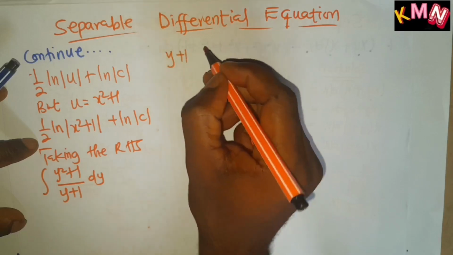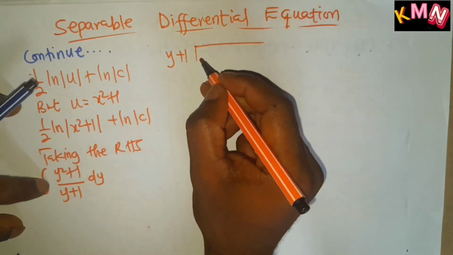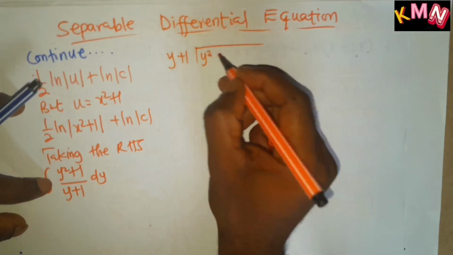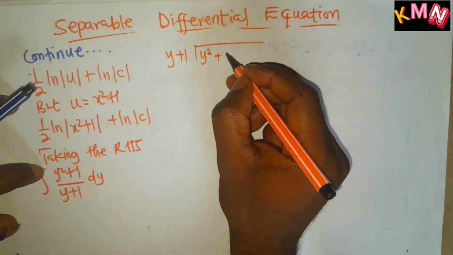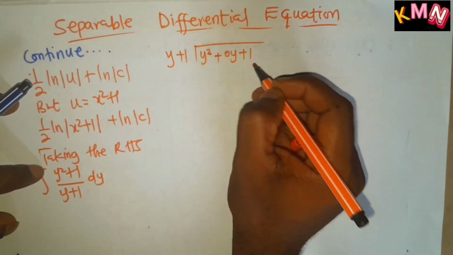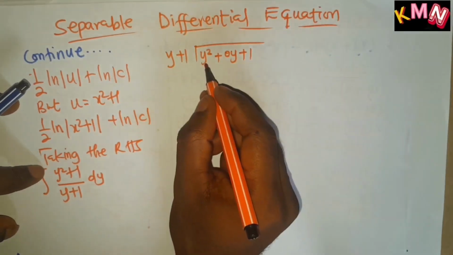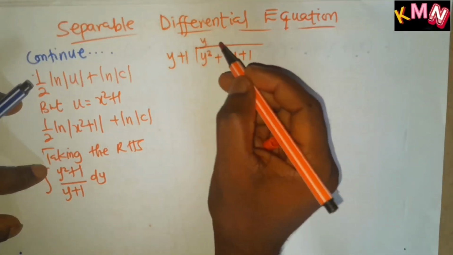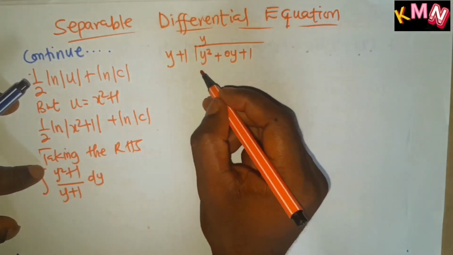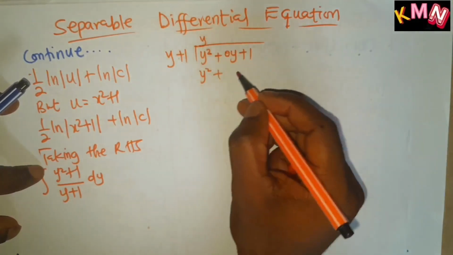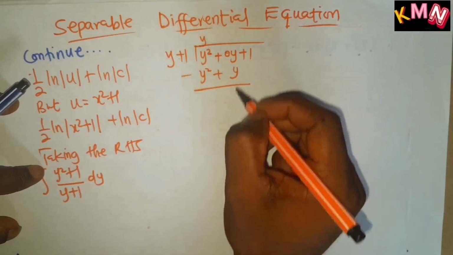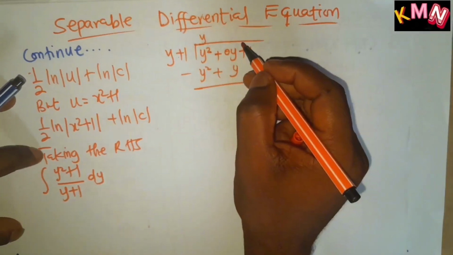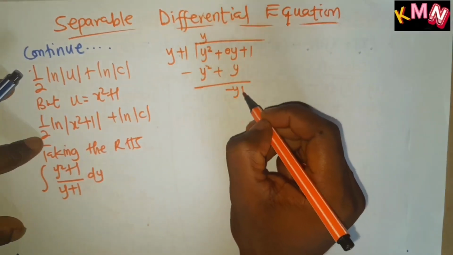Y plus 1, and then this one is going to be y squared plus 0y plus 1. So you know this goes into this y, and when you multiply, you're going to get y squared. This by that, we're going to get what? Our y. Let's subtract. When you subtract, this will be 0, this will be minus y, then the plus 1.